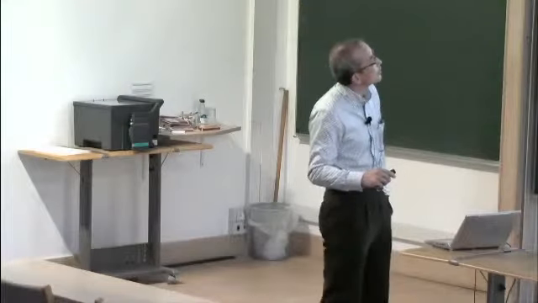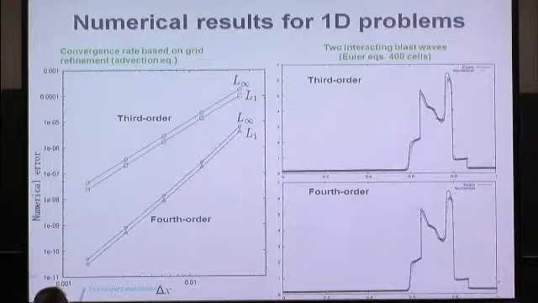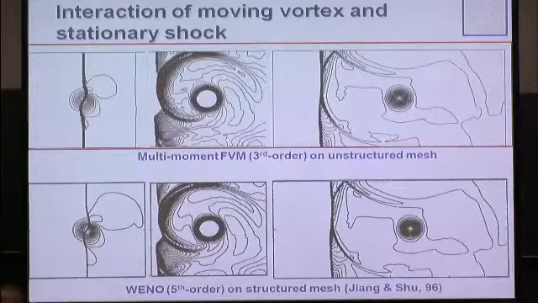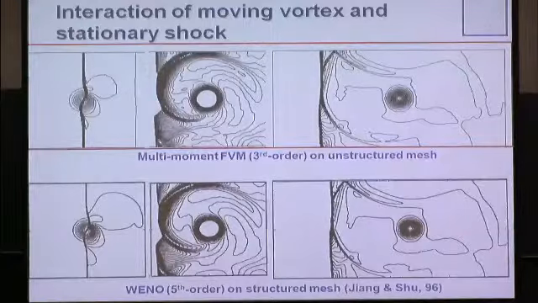This is the Euler equation, where we have a shock wave and expansion. This is the interaction of two blast waves. It just shows you that this kind of scheme works and is comparable to the state-of-the-art numerical methods. This is a comparison on another numerical example.